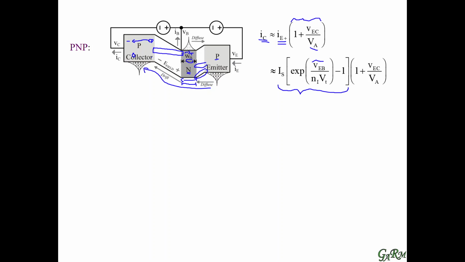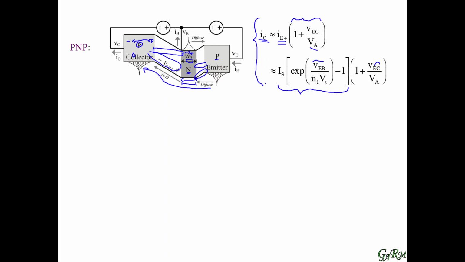And to reverse bias the base collector junction, we need to apply a negative voltage to the collector, and that's why we have here an emitter collector voltage instead of the NPN's collector emitter voltage. But if you notice here, this collector current is exactly the same as an NPN, except instead of electron current, we have hole current.